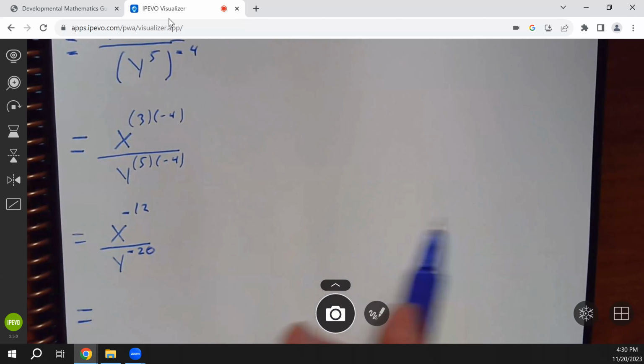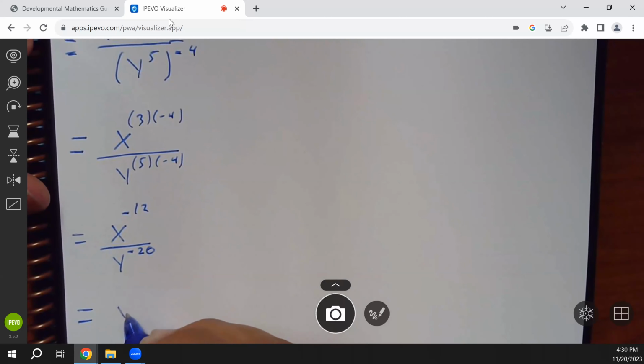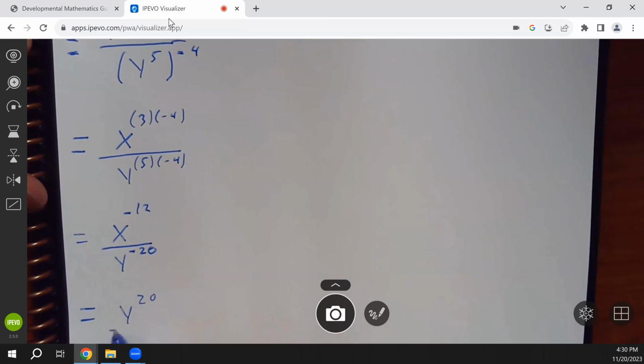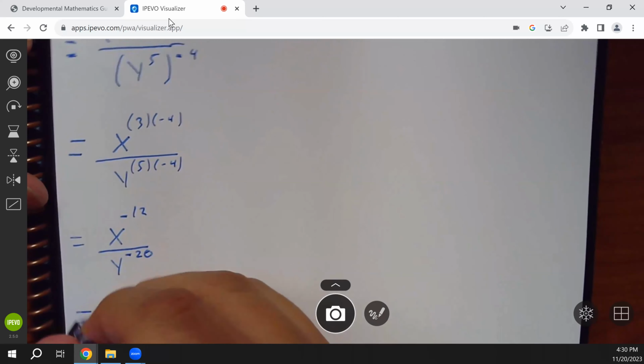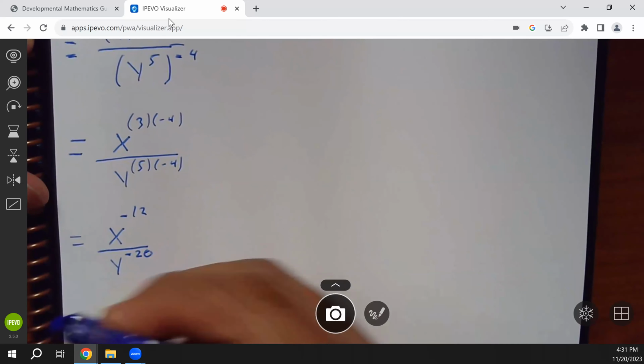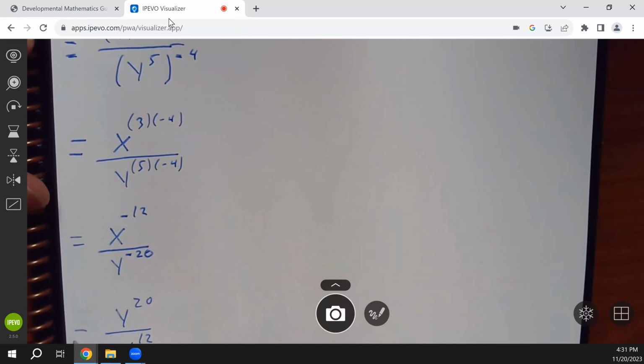Just move it around. That's all you have to do. I'm going to move the y to the top and the x to the bottom. Does that make sense? You can think of it as reciprocals if you want to, but I think it's simpler to see it as crossing the fraction bar. Move x down and the y up. That's it.